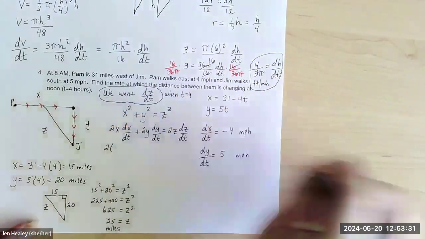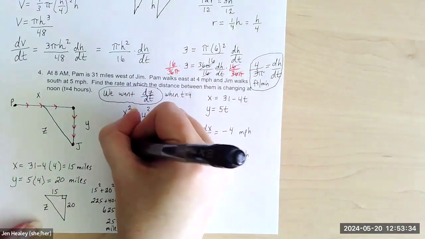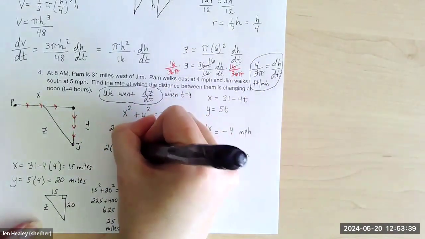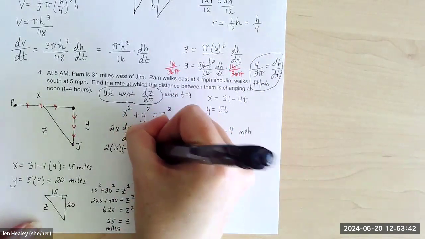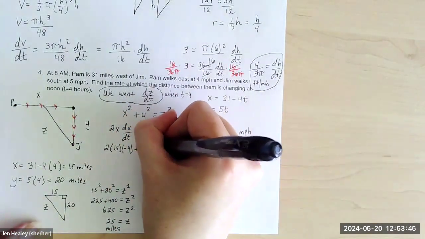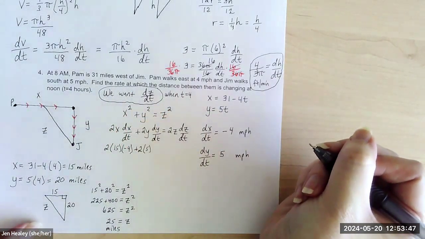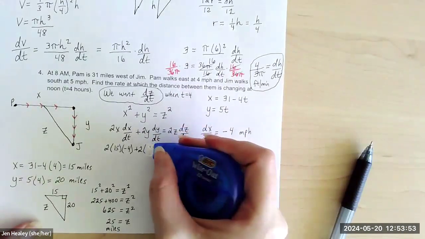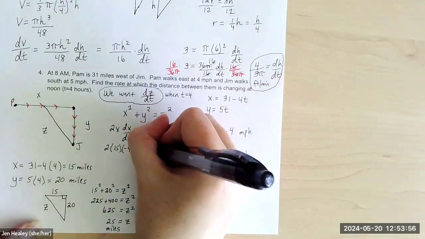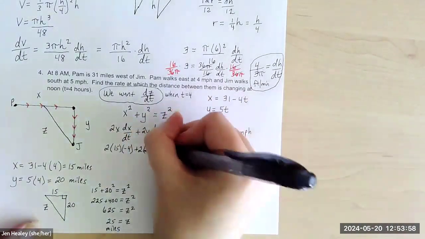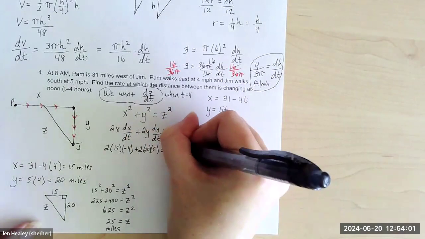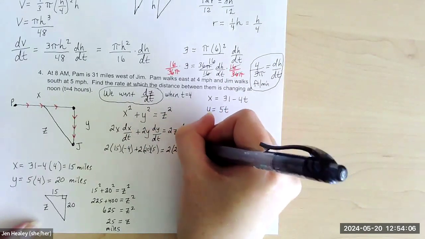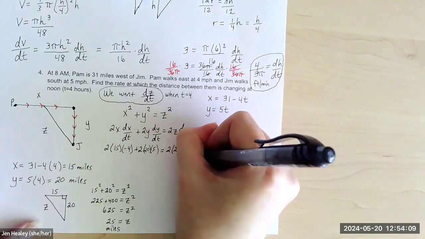So 2 times our x, which is 15, times dx dt, which is -4, plus 2 times our y, which is 20, times dy dt, which is 5, equals 2 times our z, which is 25, times dz dt.